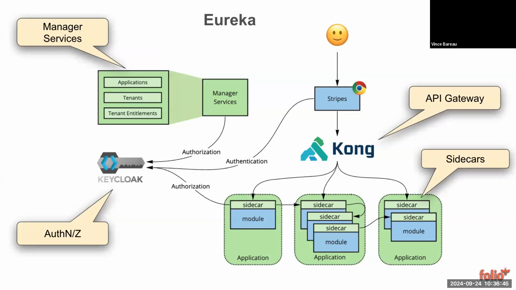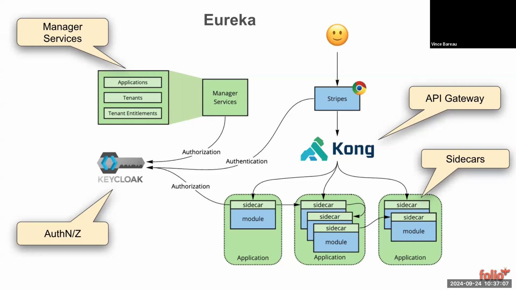Here's a high-level picture to help you understand where these things go. In Folio we have a number of modules, which are down here. Modules are attached to sidecars. We have a gateway, Kong, that routes traffic to the sidecars. You'll see there are some interesting arrows here between sidecars, which we'll get to in a second. Stripes is always Stripes.